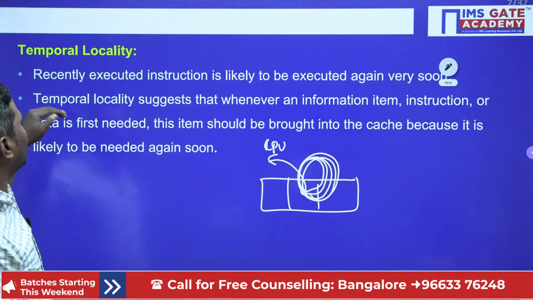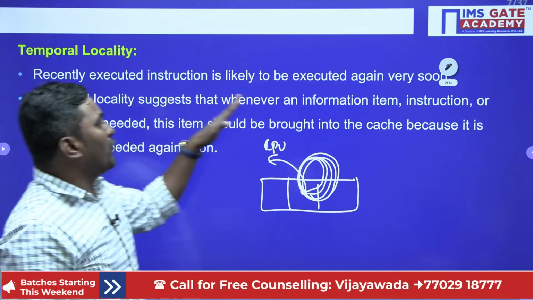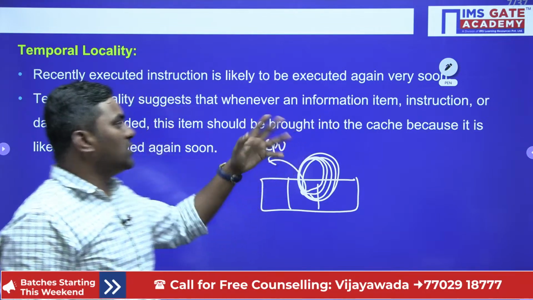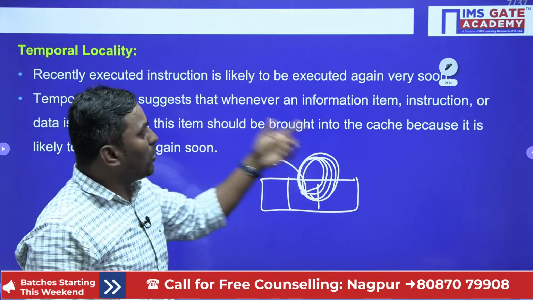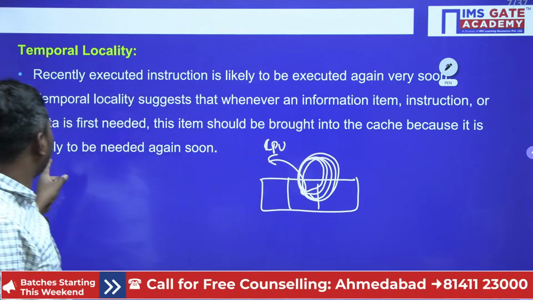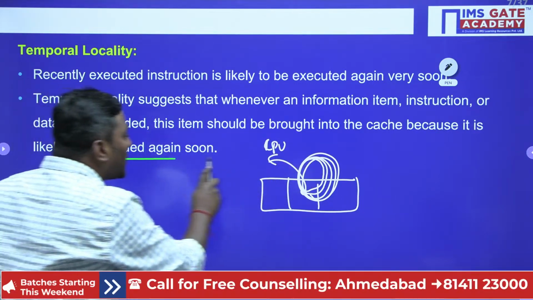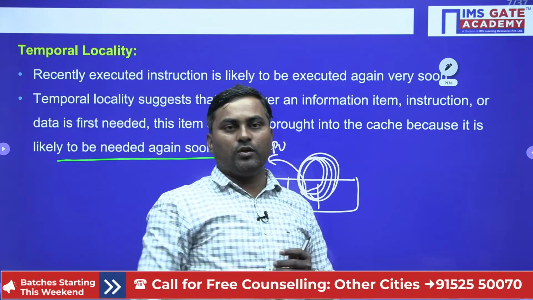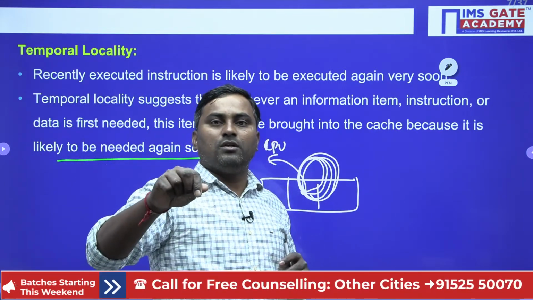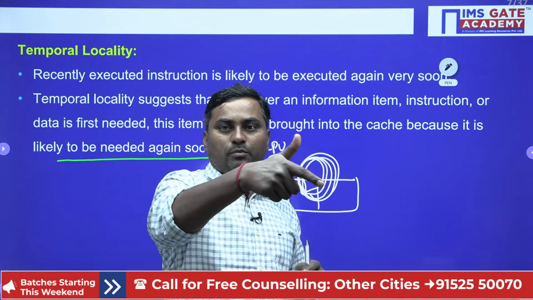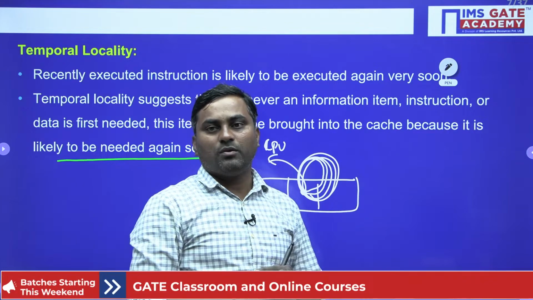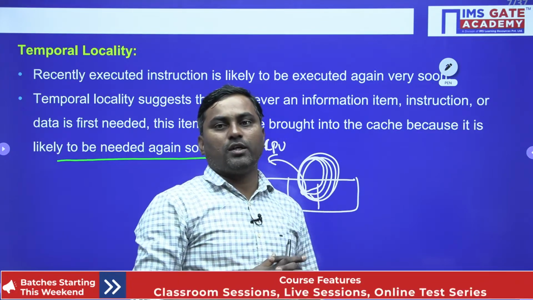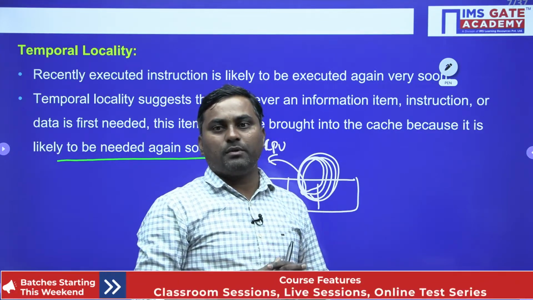That suggests temporal locality: whenever an information item, that is an instruction or data, is first needed, this item should be brought into cache memory because it is likely to be needed again soon. Are you getting my point? That particular information needs to be kept in cache memory so that it can be accessed by the processor in the future. That is temporal locality.